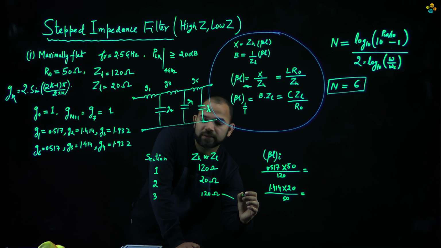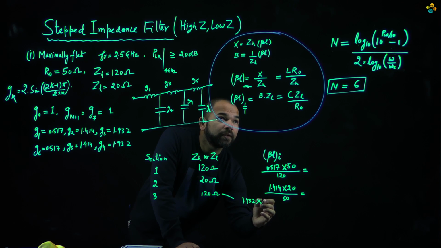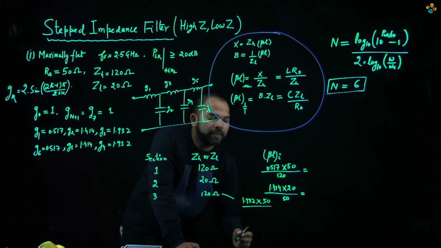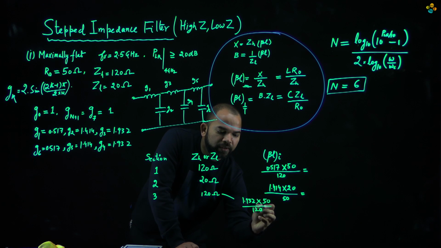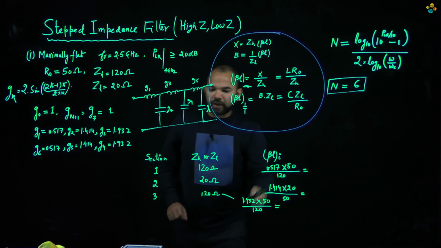So L for this G3 is 1.932 into R0. R0 is 50 divided by ZH, which is 120. Okay. Now I'm going to bring the calculator and I need to calculate these values.